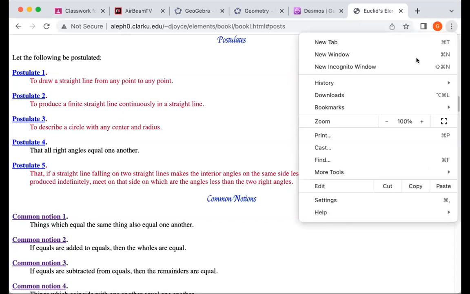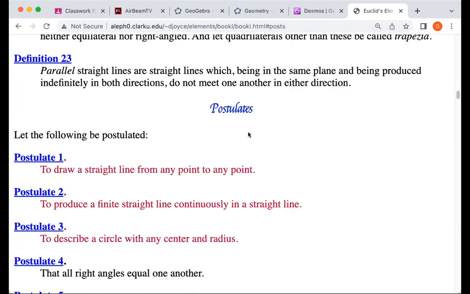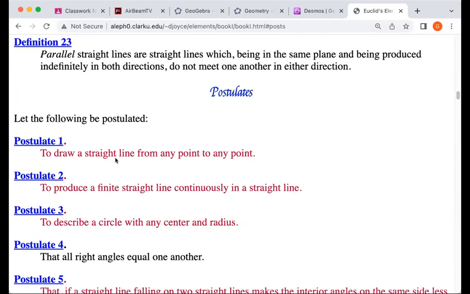Maybe I could zoom in on this a bit. Postulate 1. You could join any 2 points to create a line segment, or you could continue the points to make it as much of the line as you want. So that seems like a good postulate.